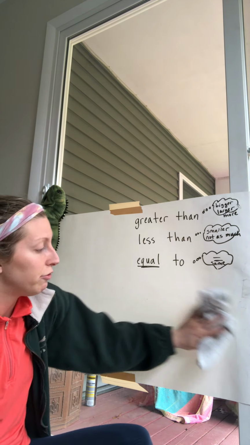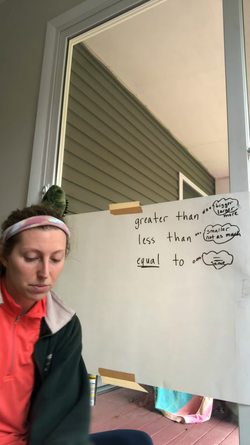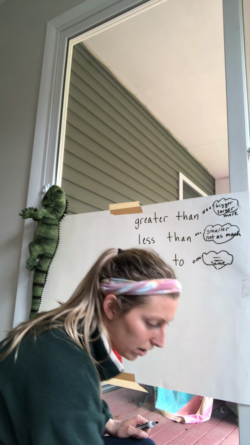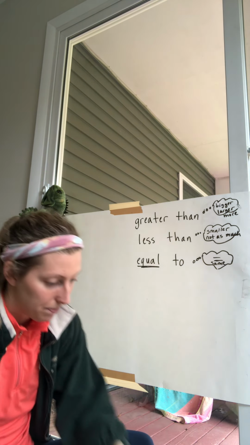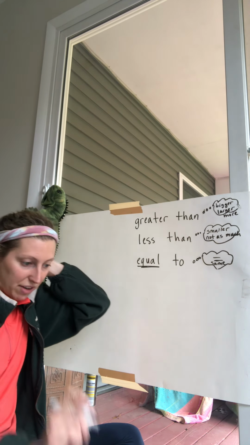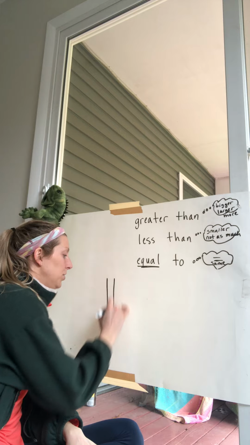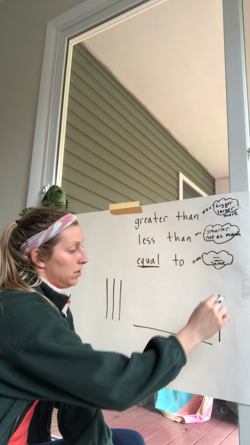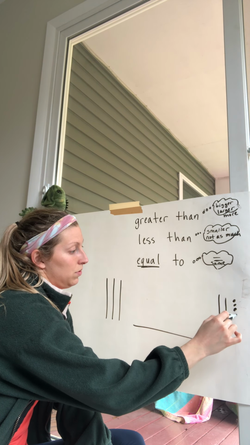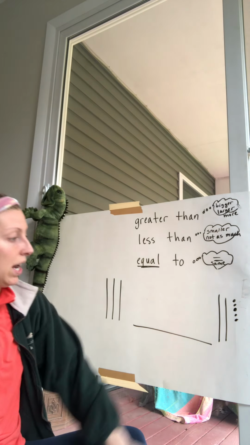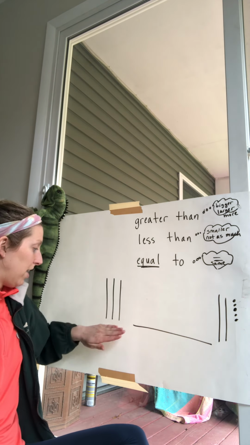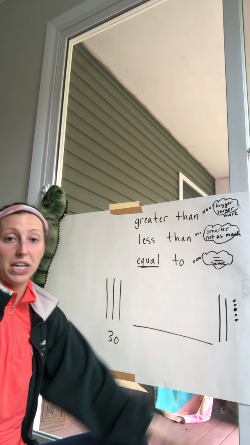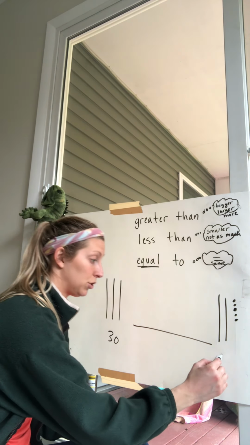All right, we're gonna move on from numerals, which is just numbers. I'm gonna give you some quick tens, and I want you to try to figure out which is greater, which is less. Here we go. If I have 3 tens on this side, and I have 2 tens and five ones on the other side. So 3 tens, easy peasy, is 30. 2 tens and 5 ones is 25.